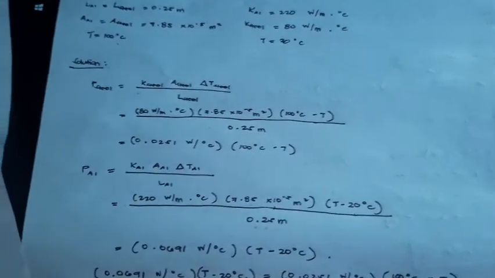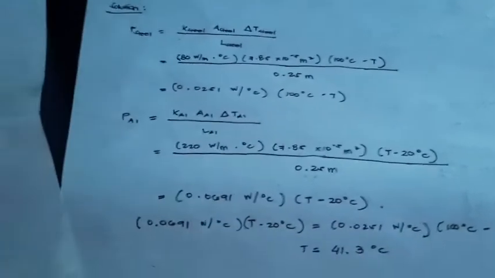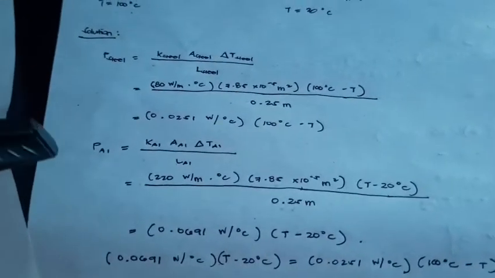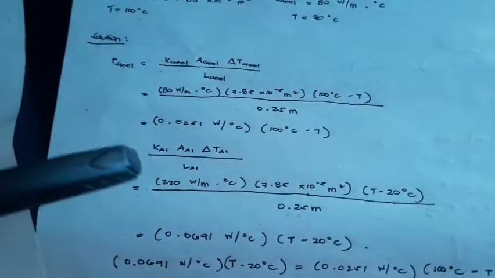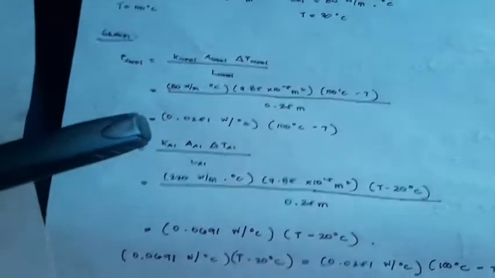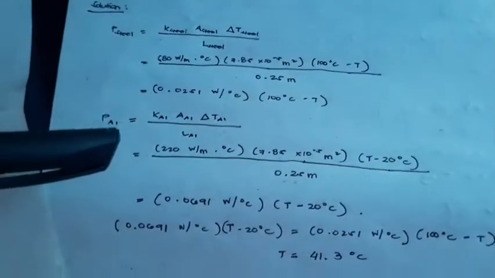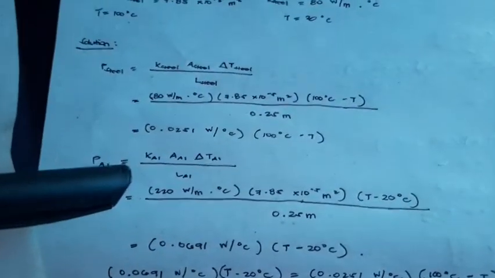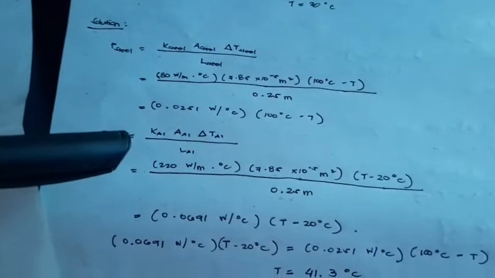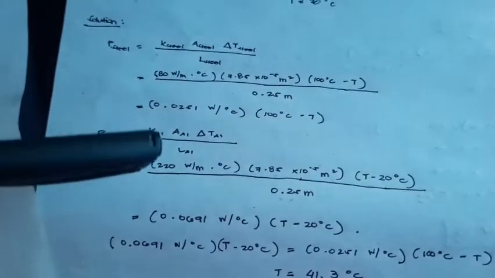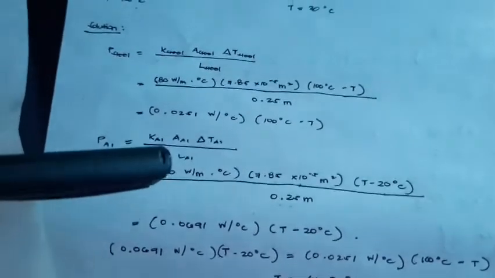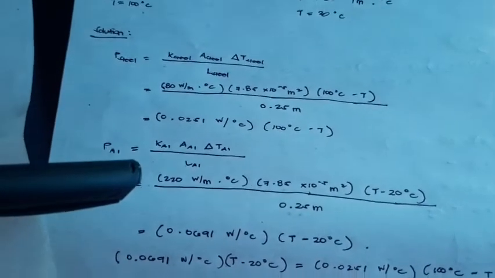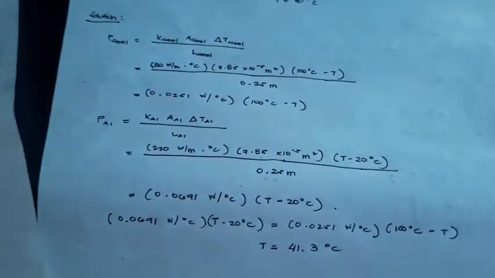So simplified, it is equal to 0.0251 watts over degree Celsius times 100 degrees Celsius minus T. So to find P aluminum, we must use this formula: the thermal conductivity of aluminum times the cross-sectional area of each rod times the change of T aluminum over the length of each rod.